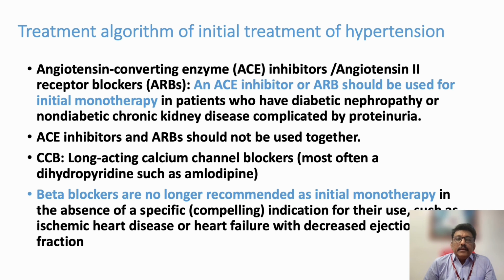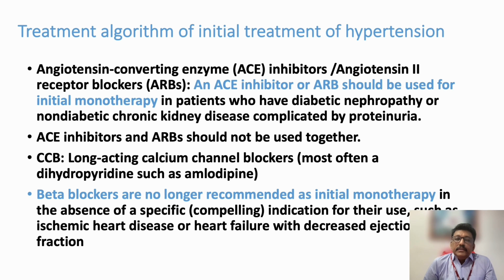Any drug can be selected from this group ABCD. But current strategies remove that B. B is beta blocker. Beta blocker is no longer a first line drug in treatment of hypertension. So that is removed, but it can be used in some compelling indications that will come afterwards.